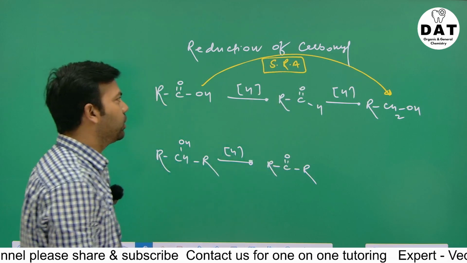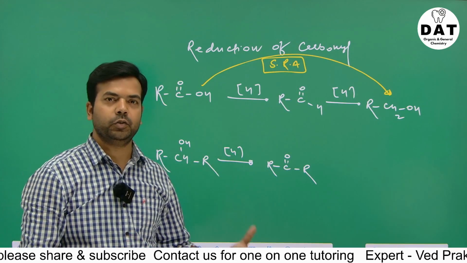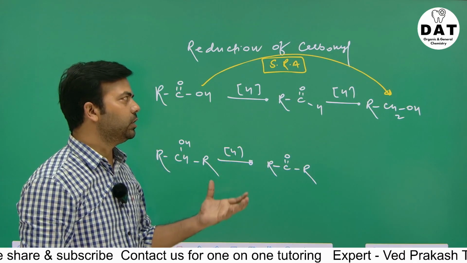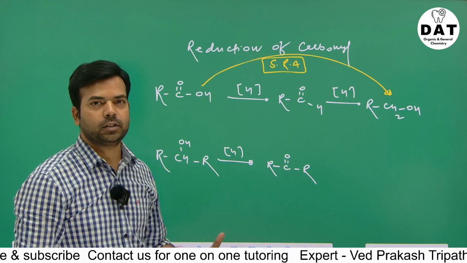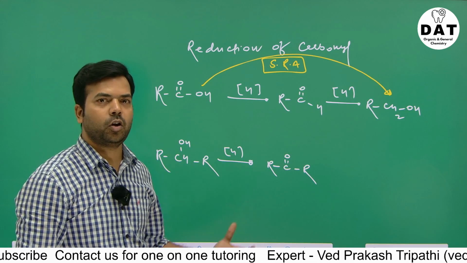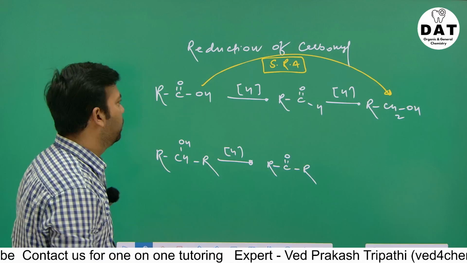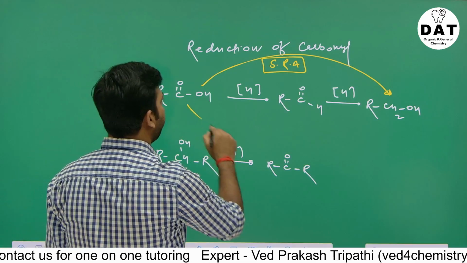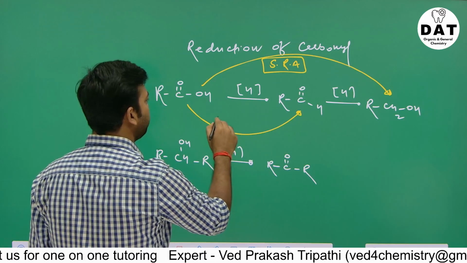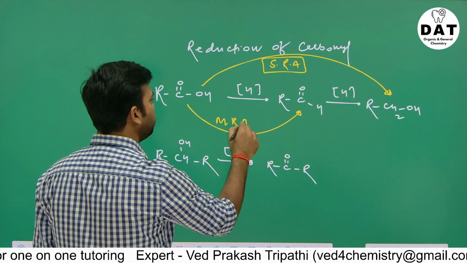I will cover oxidizing and reducing agents individually, but here these are the important ones, so I am going to discuss some strong reducing agents and mild ones as well. If you are going to stop carboxylic acid at aldehyde, we can use a mild reducing agent, clear?